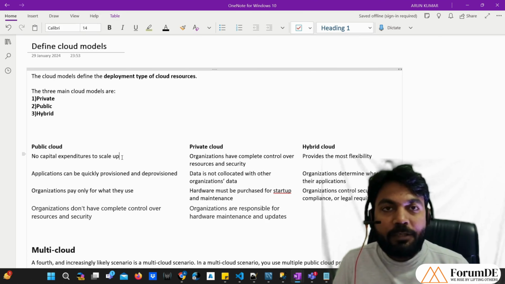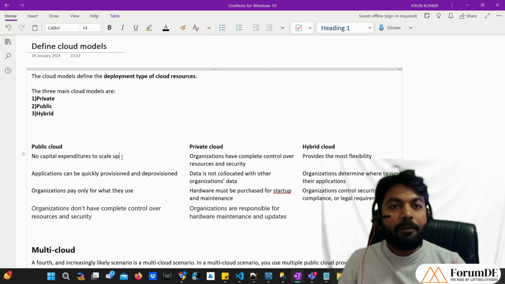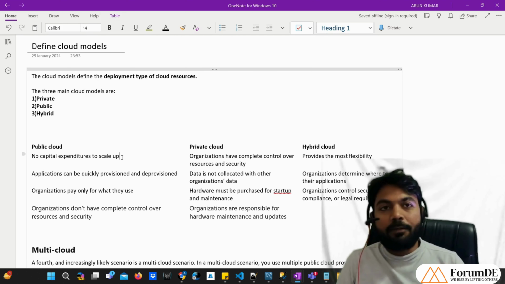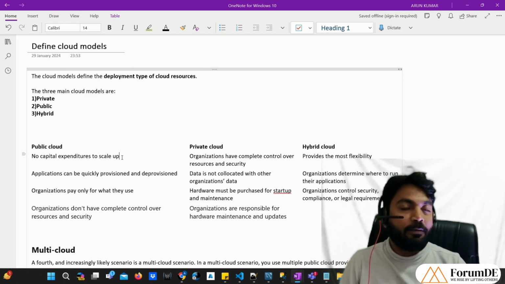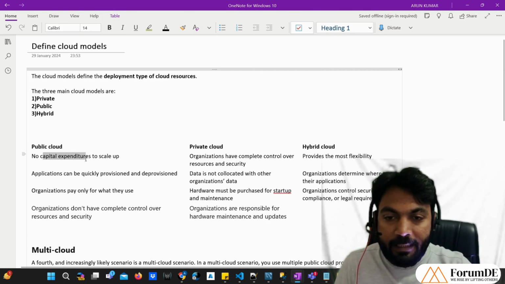Now I can store 1000 GB of data in my laptop. For that I had to buy separate hardware, a separate hard drive, and attach it to my laptop. So here I did capital expenditure, right?